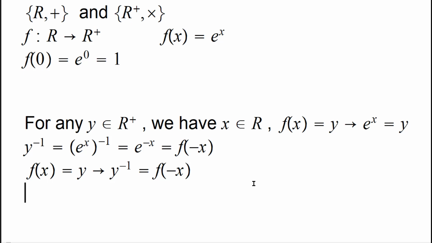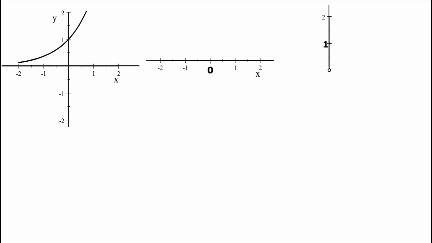Let's look at that graphically, just as a review of our Algebra 2. So what we have here is that f(x) = e^x. This gives us an isomorphism between the set of real numbers and the set of positive real numbers, right?